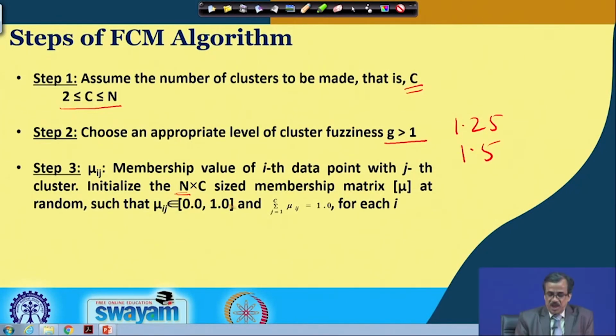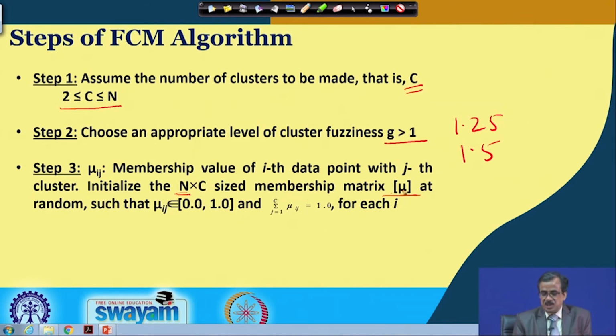So, the size of the initial membership matrix, that is mu, will have the dimension n cross C, where capital N is the total number of data points and C is the total number of predefined clusters.